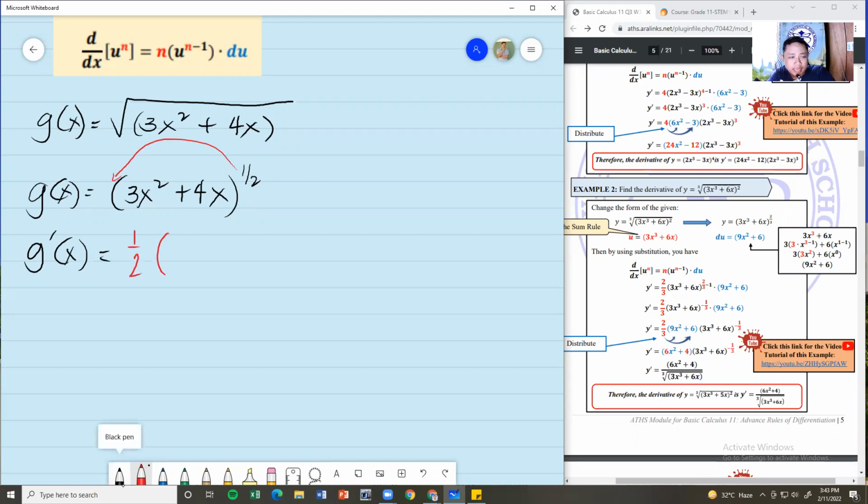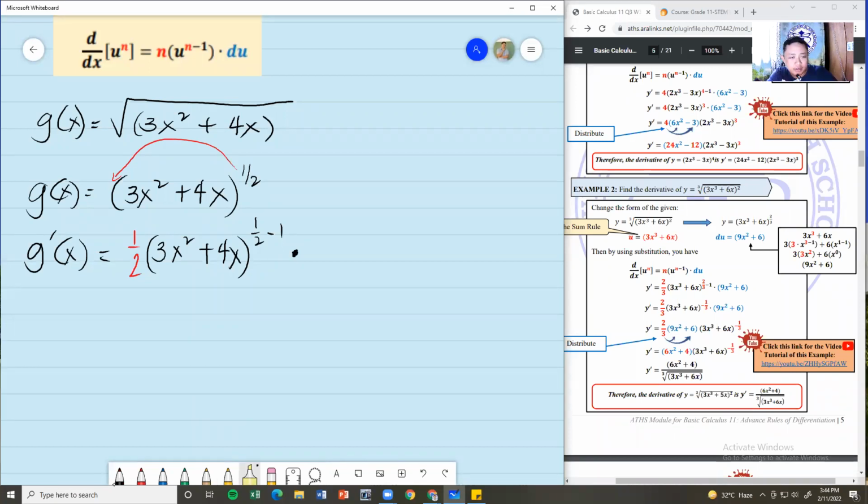And then copy your function inside, which is 3x squared plus 4x. And then subtract 1 from your exponent. So that's 1/2 minus 1. Okay? Times. Mamaya na natin i-simplify lahat. Let's do the process first.